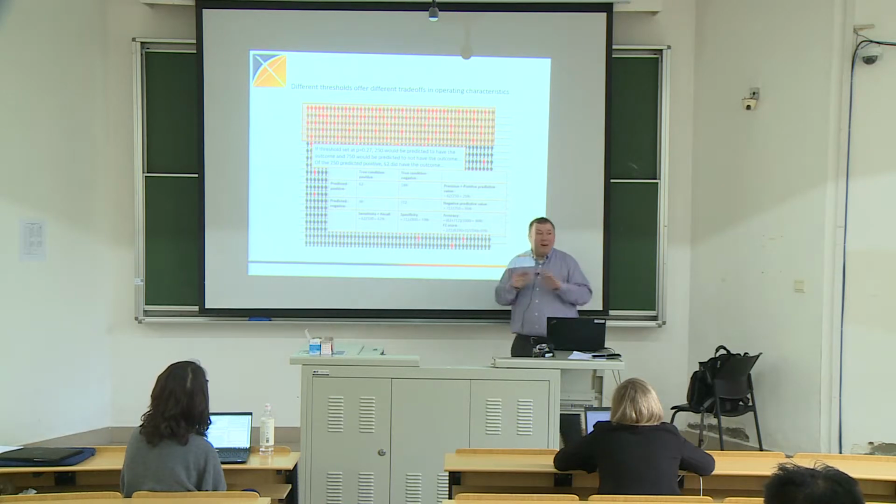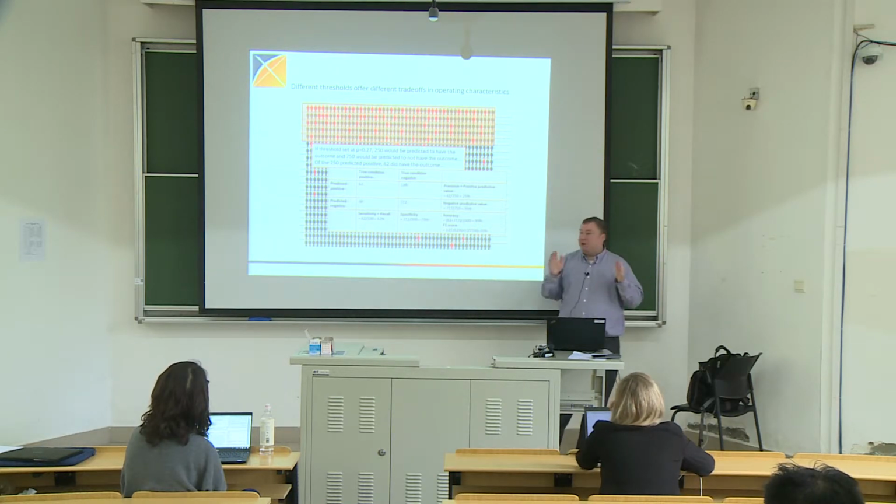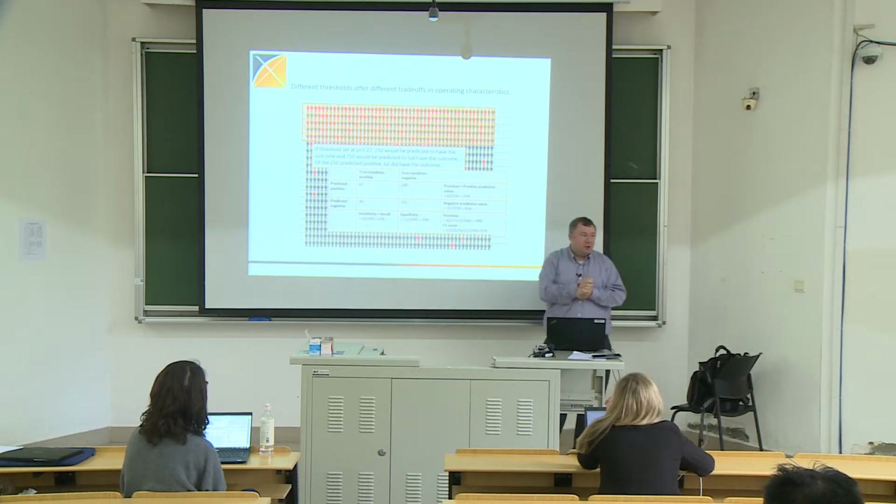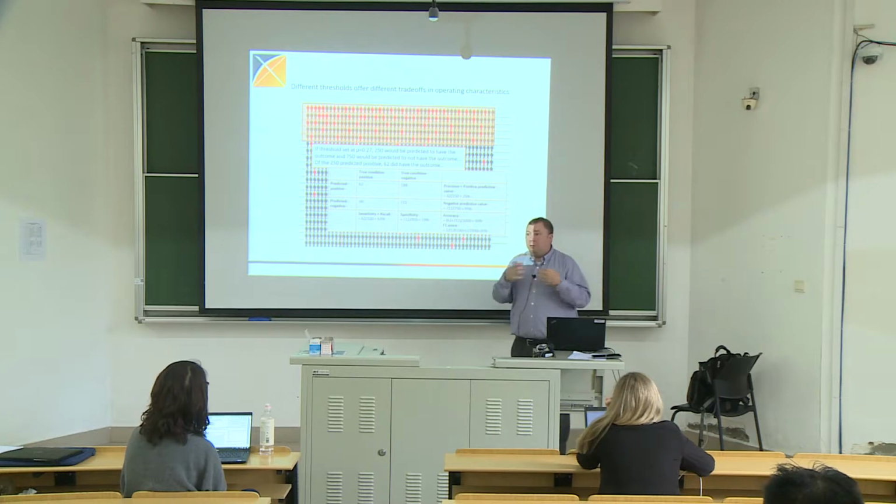There is no right answer to where you set your threshold. You have to decide where to set the threshold based on the clinical problem that you are interested in solving.